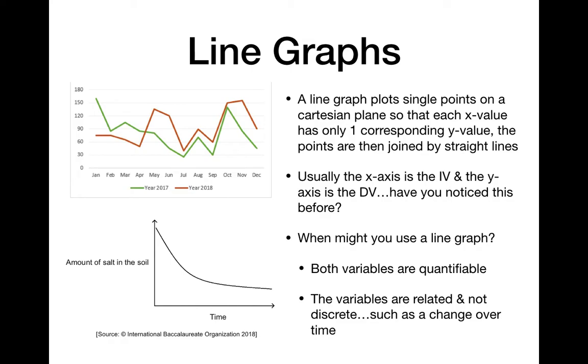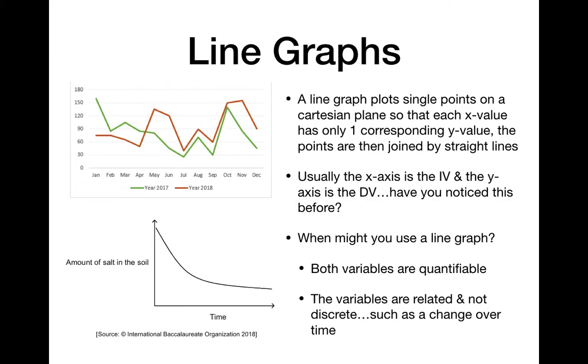This is one individual, or this is a mean in a data set. So a change over time is a really clear and logical one to use a line graph for. So we have salt in soil over time. That's a good one to use a line graph for. We have months of the year and some variable here, another good one for a line graph. Maybe this is population graphs, I don't know.